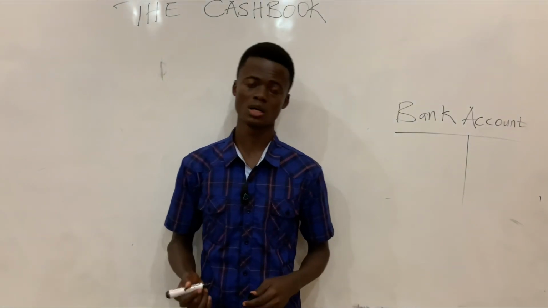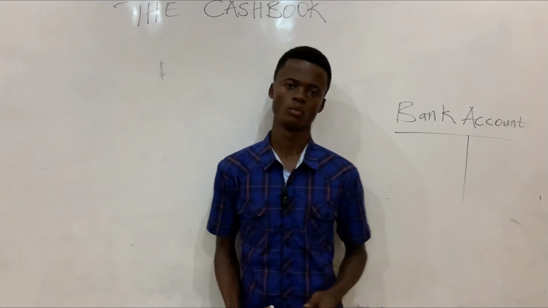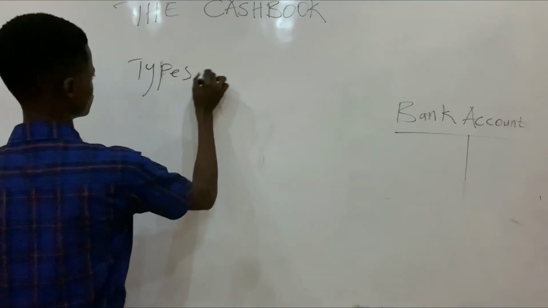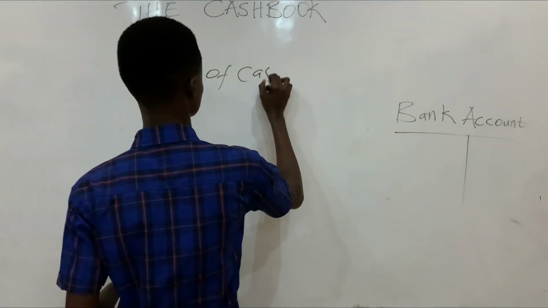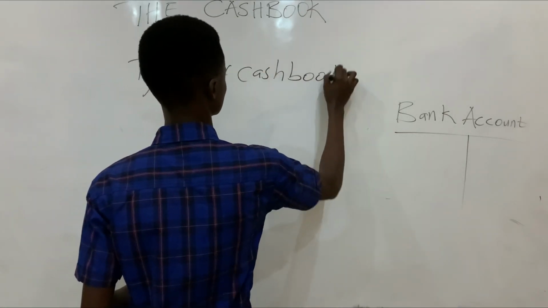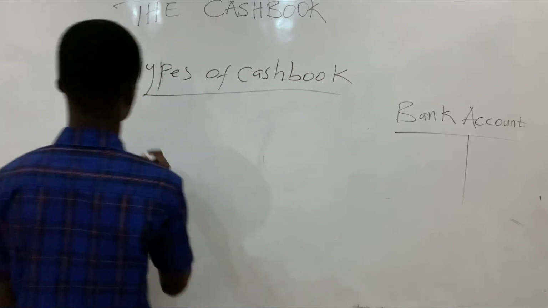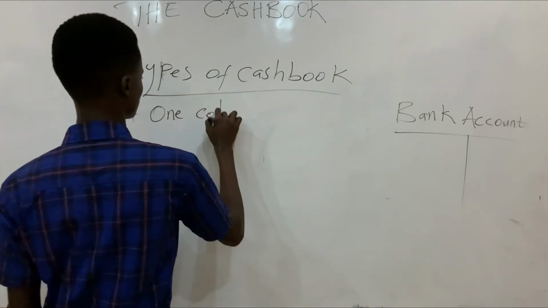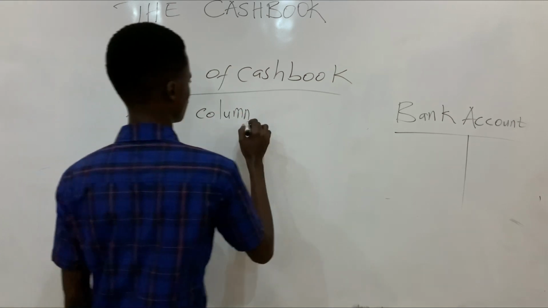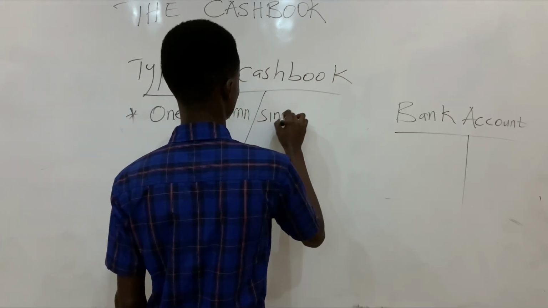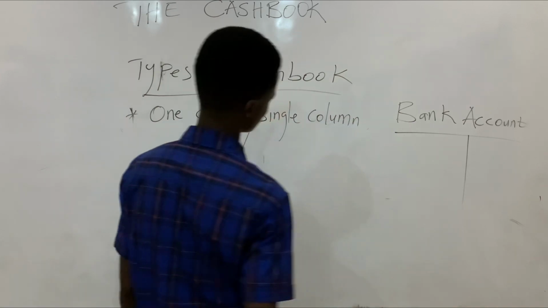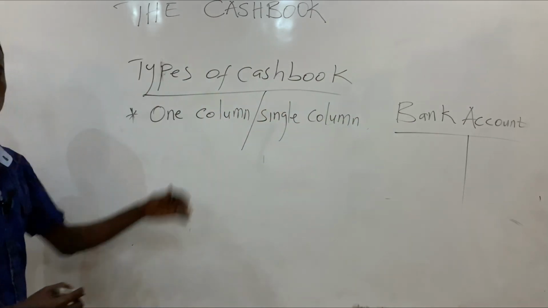Basically, cash book can be categorized into four, and they are: one, we have the one column or single column cash book.